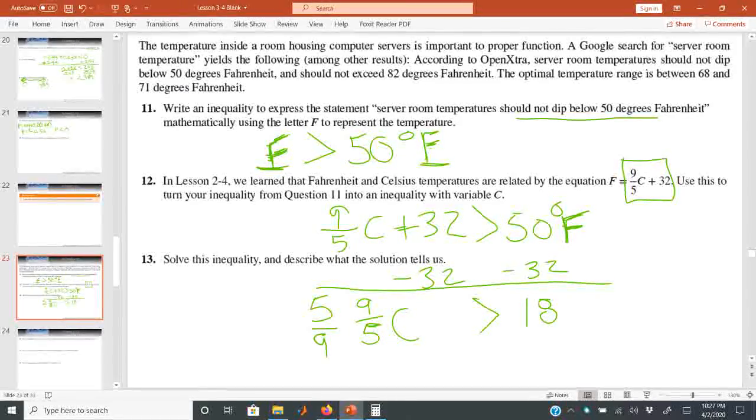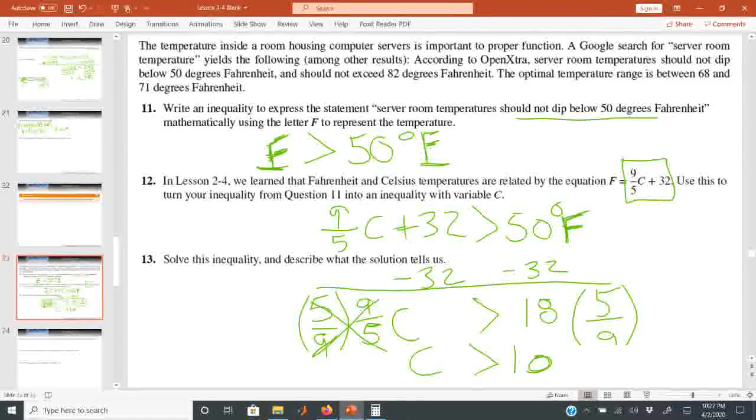But I can do that all at once in one step. So the 5s and the 9s cancel each other on the left, and I have C is greater than 18 divided by 9 is 2. 2 times 5 is 10. So I know that C has to be greater than 10 degrees Celsius.